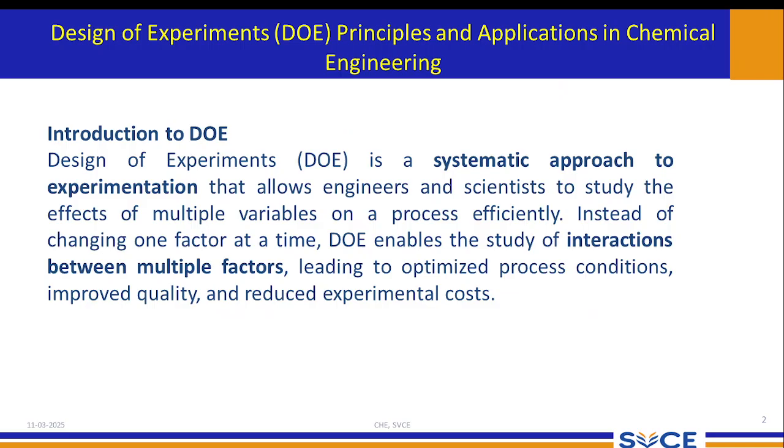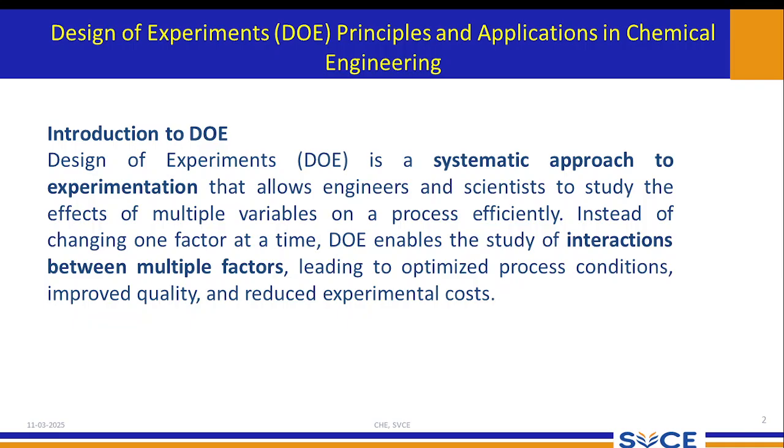Design of experiments is a systematic approach to experimentation that allows engineers and scientists to study the effect of multiple variables on a process efficiently. In the last class, we saw what is independent variable and dependent variable, and how they correlate. In independent variables, we have a single variable and multiple variables.